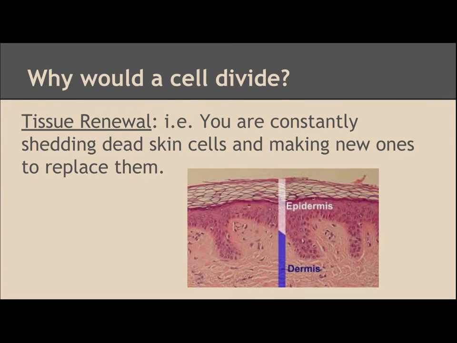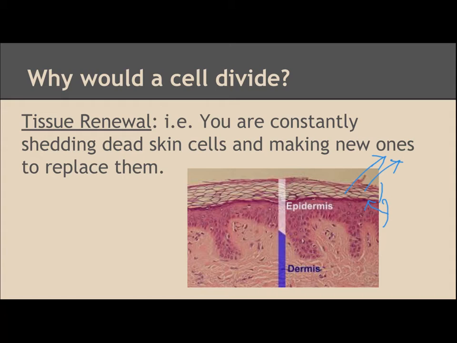Tissue renewal. So, for example, if you look at your skin, the outer layer of your skin is dead. That's just dead cells. And you're constantly shedding off those dead cells, and then new cells are growing up from underneath to replace them. Similarly, the cells that are lining your digestive system, like the cells lining your stomach and your intestines, are constantly needing to be replaced as well because of the sort of harsh conditions they're in.